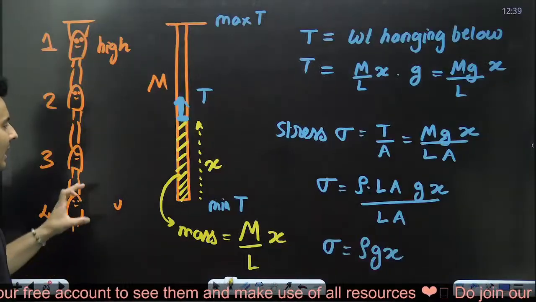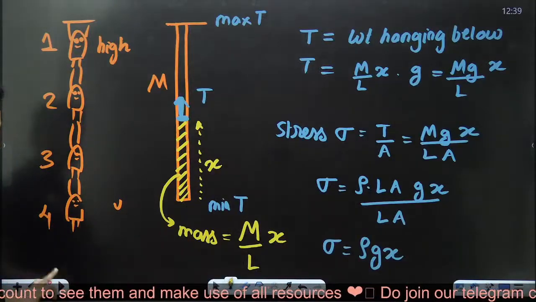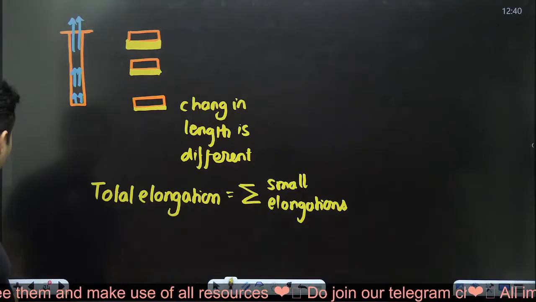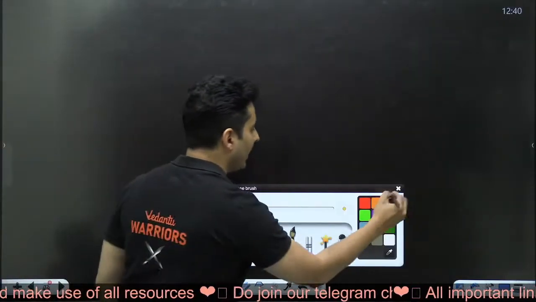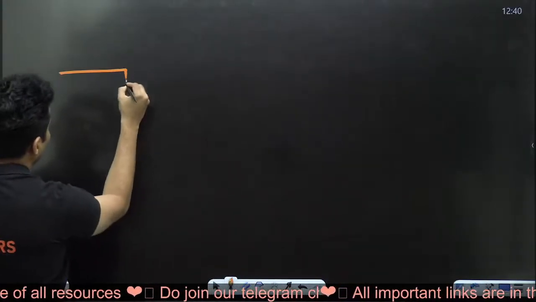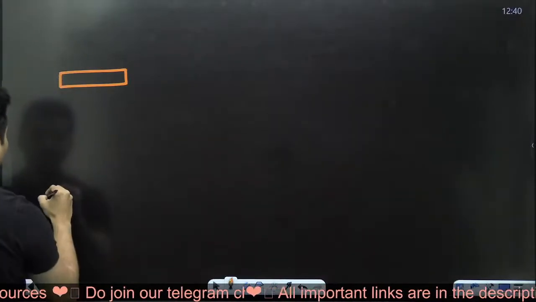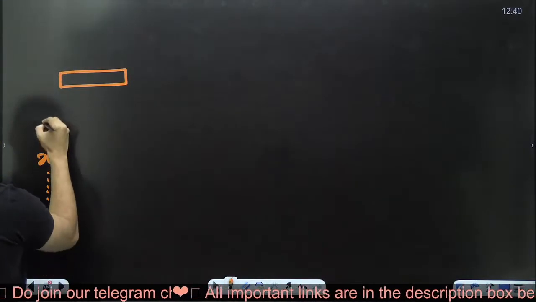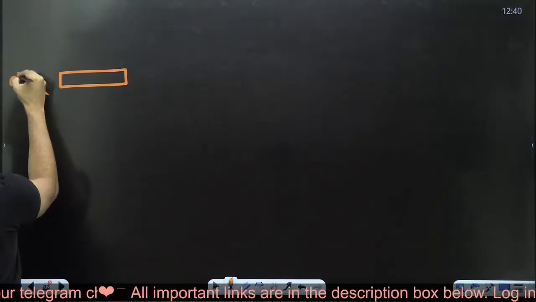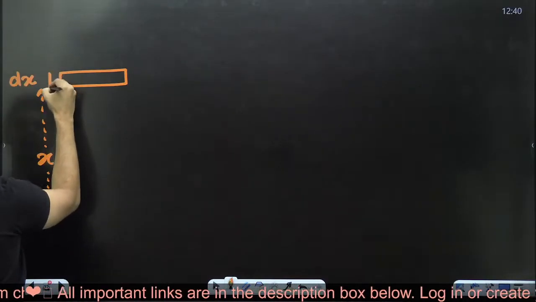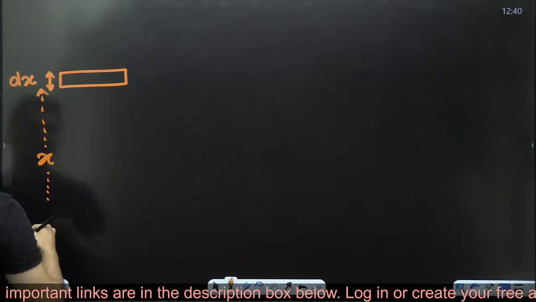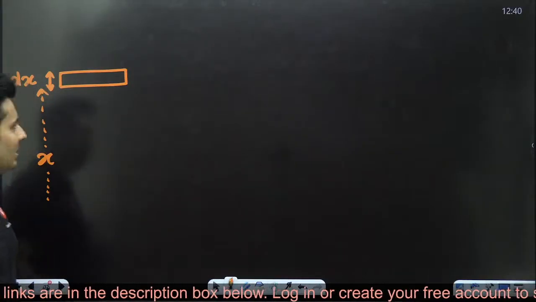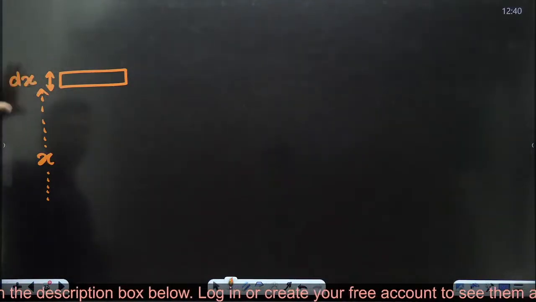So let's take an element and figure out what all things need to be drawn in that small element. I will take an element which is at a distance of x, having an original length of dx.